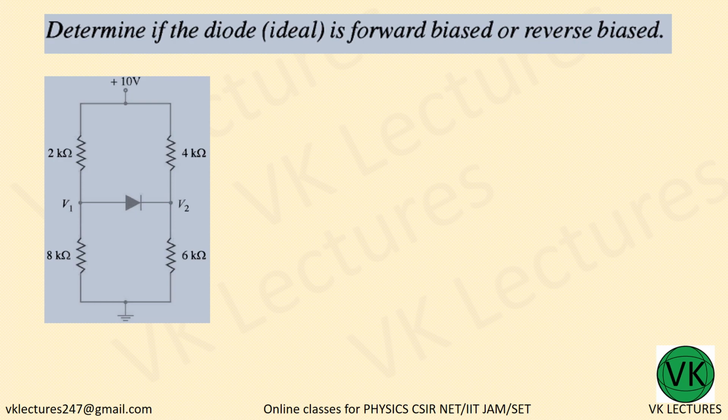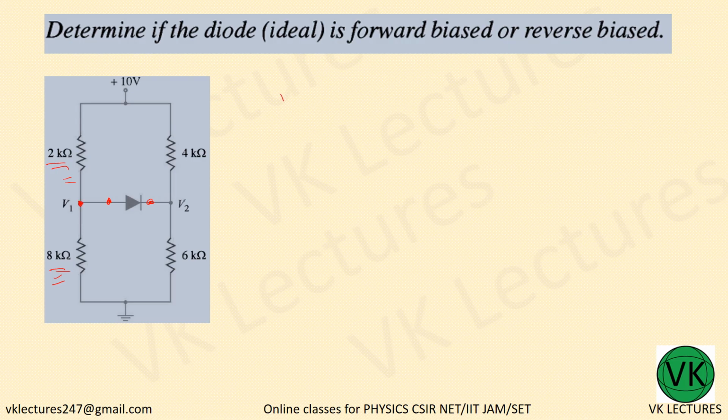10 volt is being fed across 2K and 8K. Now assuming that this is open, that means it is reverse biased. This 10 volt is being fed to 2K and 8K in proportion to their resistance. So what will be the voltage at this point?